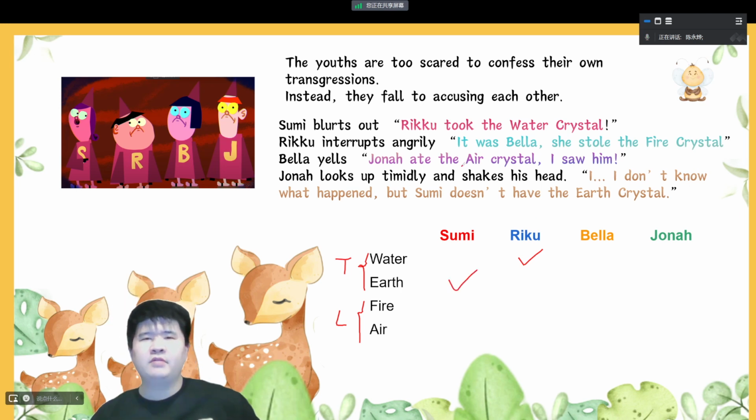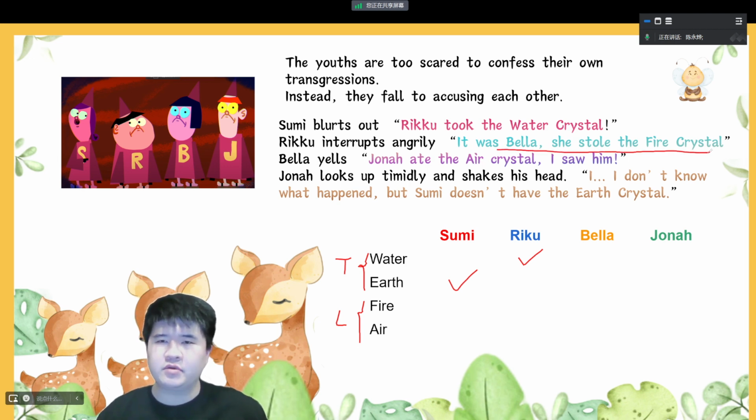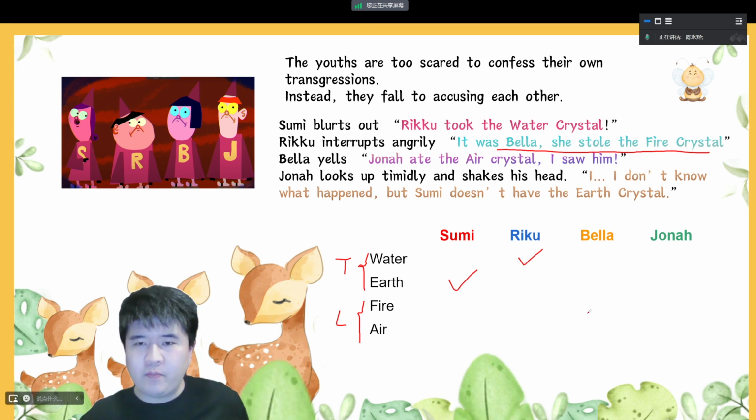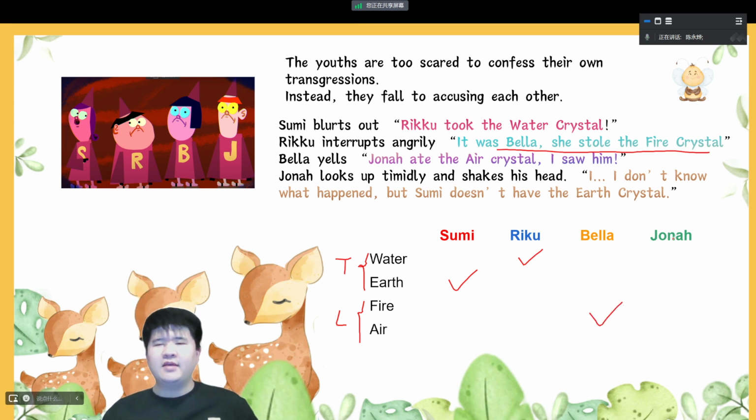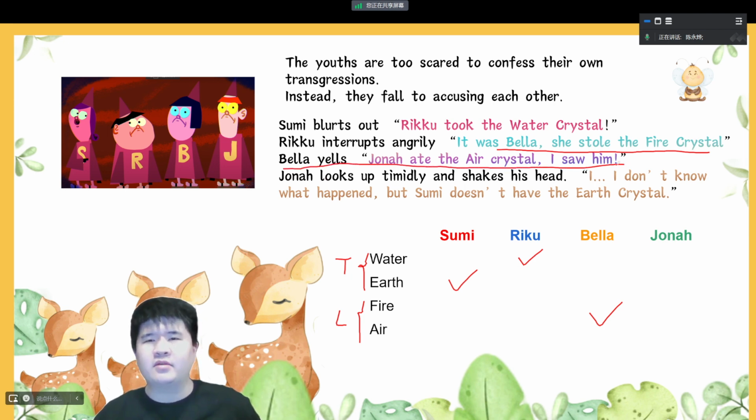And then Riku says, "Bella stole the fire crystal," and Riku tells the truth. So Bella is fire. Then what kind of crystal will be left for Jonah? Only the air crystal is left here. And Bella yells, "Jonah took the air crystal." It seems correct, right?